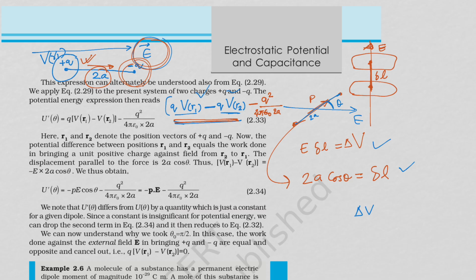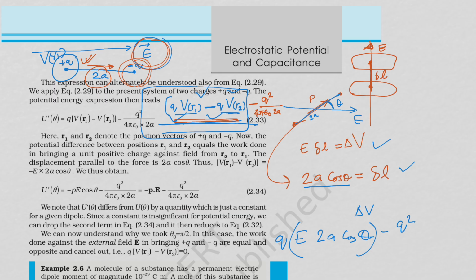So from these two findings we can write delta V here. The delta V is the change of the potential. Q is the same in both the terms. So we can write the value of delta V as E multiplied by 2a cos theta, that is multiplied by the Q, what you can see in the first two terms here, and then minus q square upon 4 pi epsilon naught 2a.